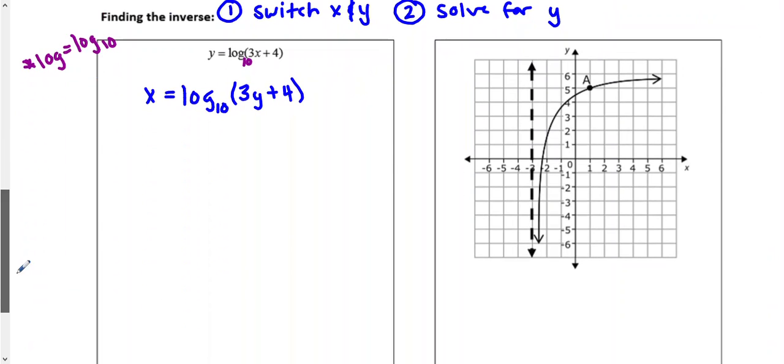That's what we need to do with the inverse. So we're going to take this x equals log base 10, 3y plus 4, and convert it. So again, my base is 10. Logs equal the exponent. So 10 to the x now equals 3y plus 4. Then from here, we can just solve. So we subtract 4.